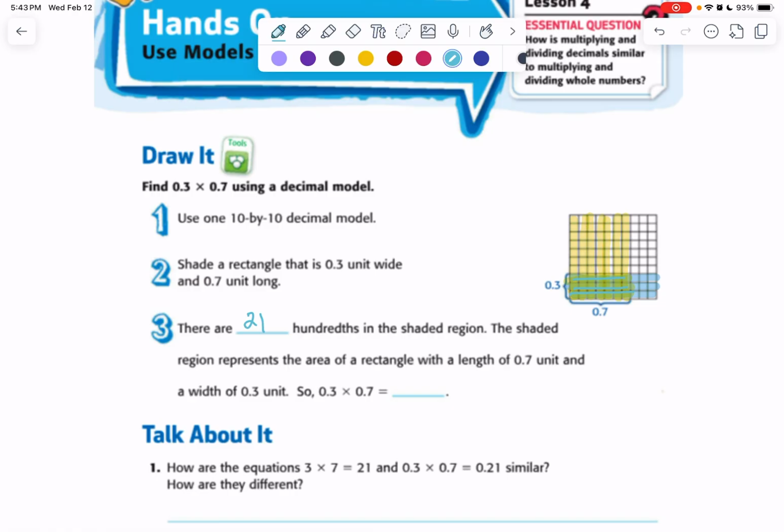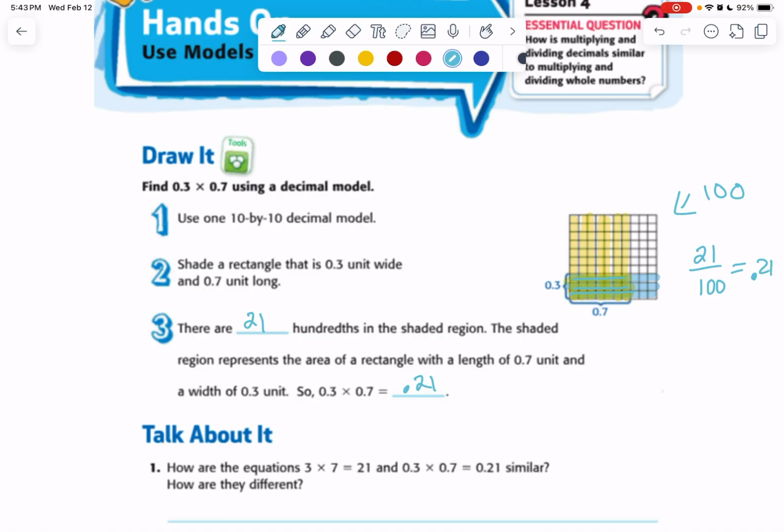And so 3/10 times 7/10 is 21 hundredths. Mind you, this is 100 squares, right? 100 in all. How many did we shade? We shaded 21 of the 100 squares, which equals 21 hundredths.